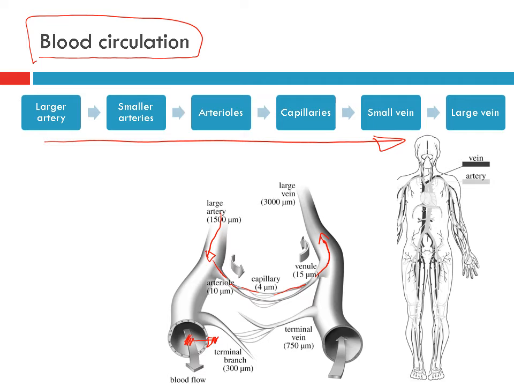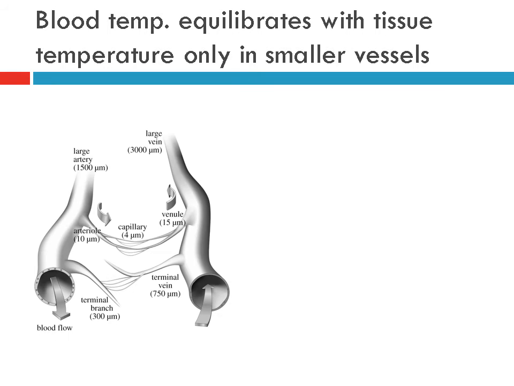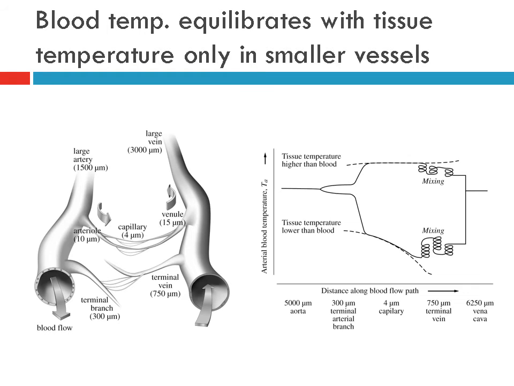So let's look at another slide. So here we have a schematic from literature that talks about how the blood temperature equilibrates with tissue temperature.